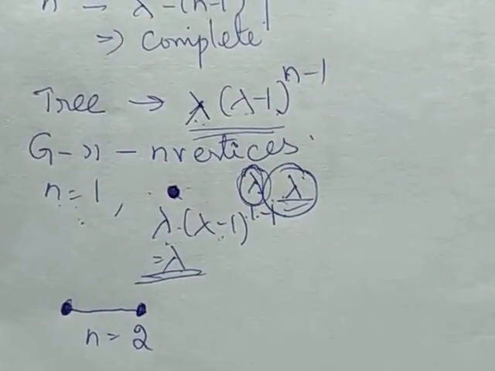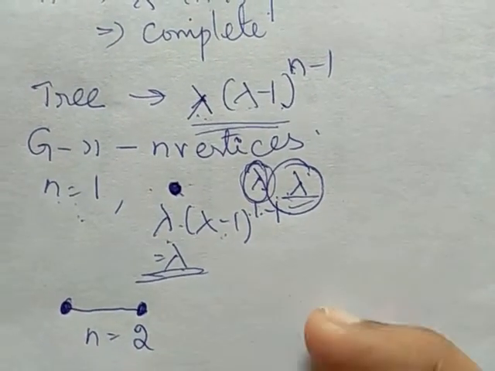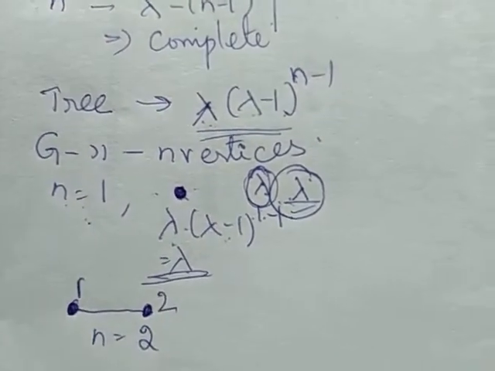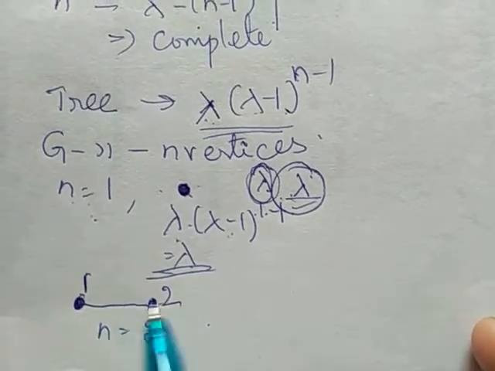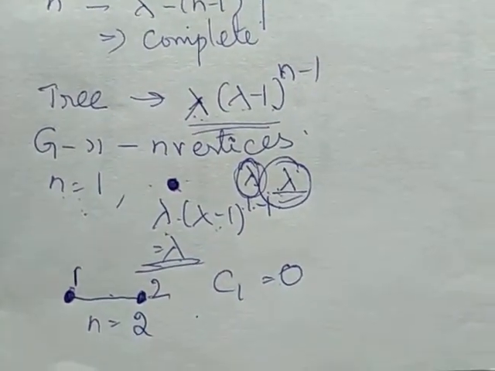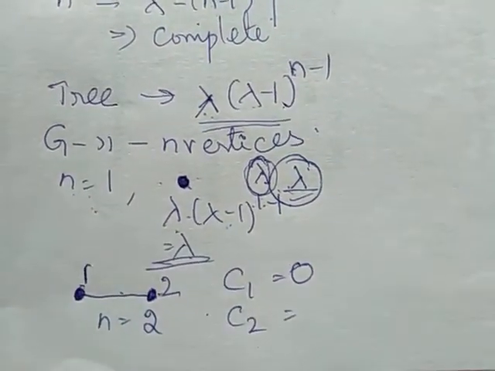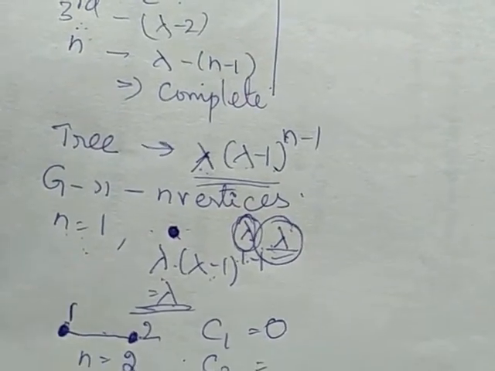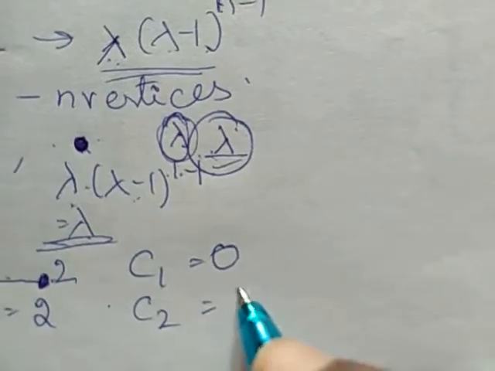So this can be colored with colors 1, 2. When we have only one color, we cannot color this graph properly. Therefore C1 is 0. And with 2 colors, we can color this graph in two ways, correct? Therefore C2 is 2.